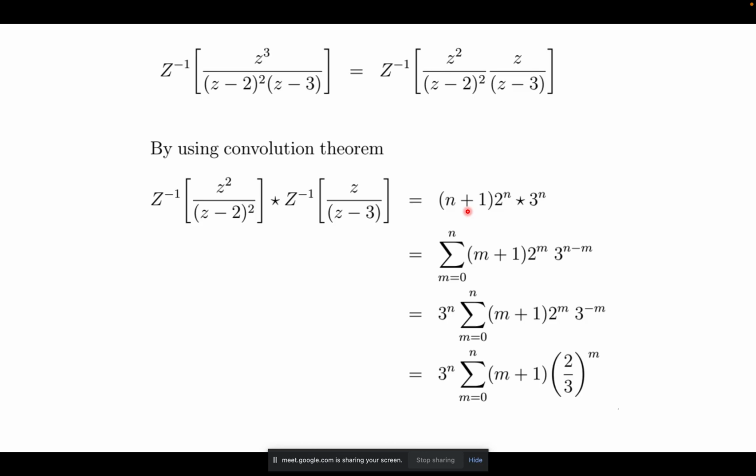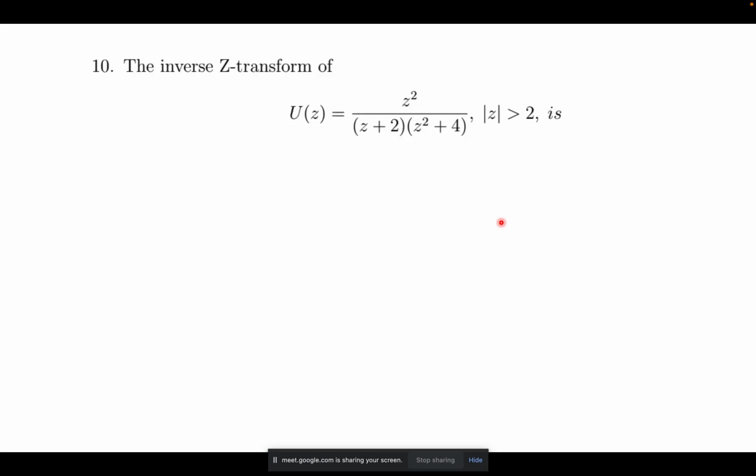The only point here was to use the convolution theorem to calculate the inverse Z transform of z square upon (z minus 2) whole square. You can separately use the convolution theorem on just this function by separating it into two equal parts, and then you can easily calculate the corresponding sequence, and the sequence here will be n plus 1 times 2 power n.